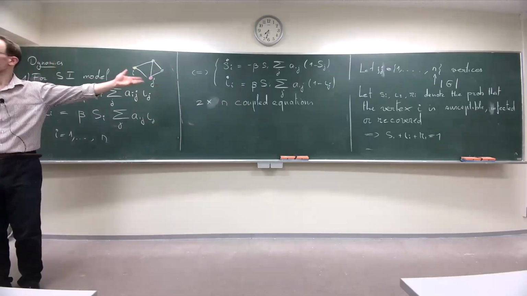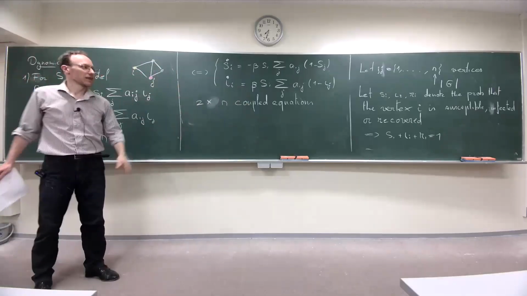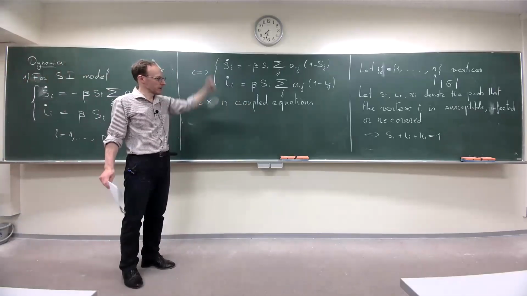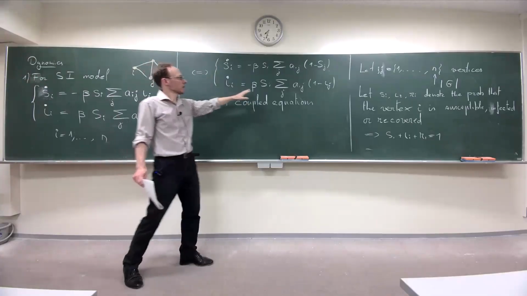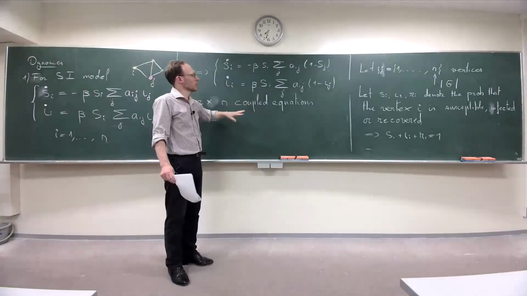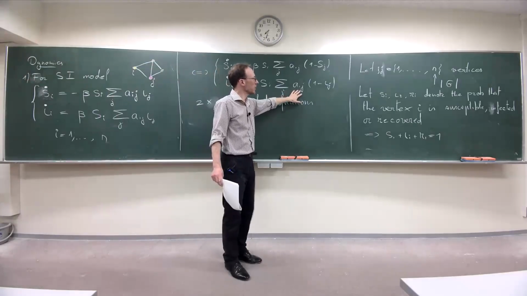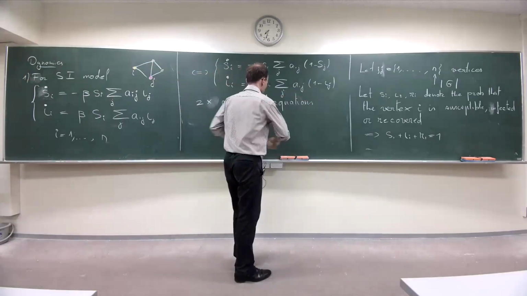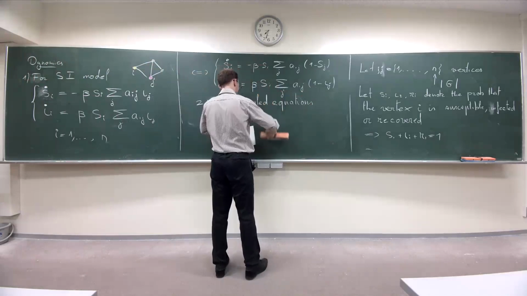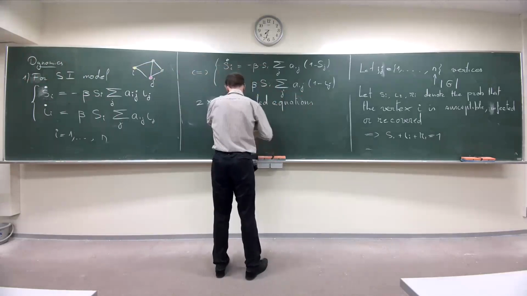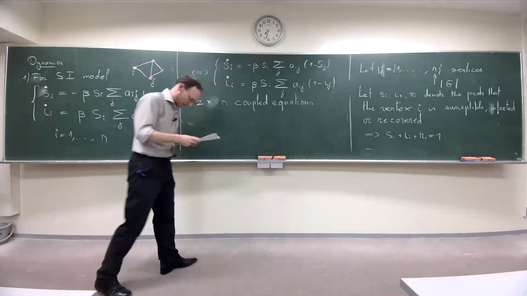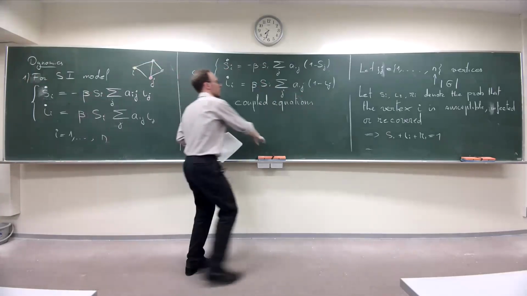If you represent this vector with n entries, oh no, but wait, there is a mistake. There cannot be a mixture. Sorry, I made a mistake.